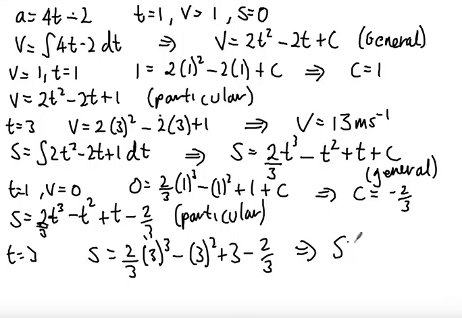And so for this one, just for ease, I'm going to type that out on a calculator just to save a little bit of time. So we get 2/3 times 3 cubed minus 3 squared plus 3 minus 2/3. And this comes out as an answer of 34/3 meters.